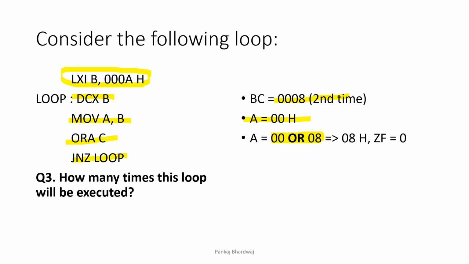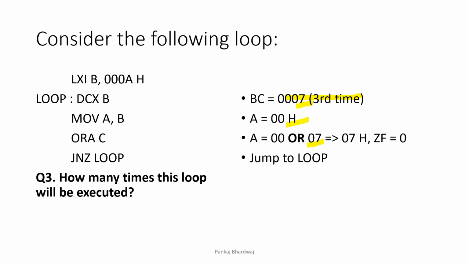Jump on non-zero, again it jumps back to the loop. Similarly, the third time it will happen, C will become 7, A will be 0, and 0 OR 7 gives 7. Again the zero flag is reset, so it jumps back to the loop.